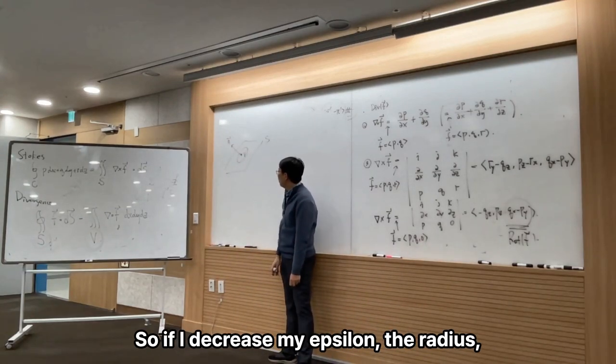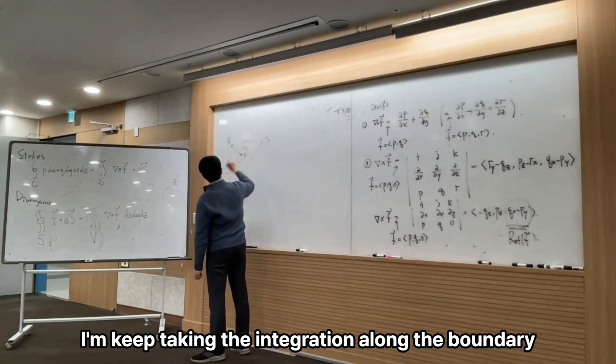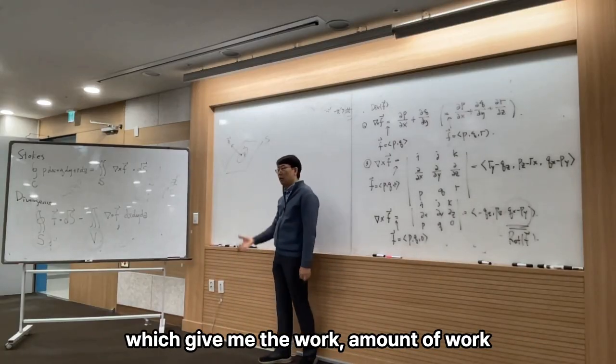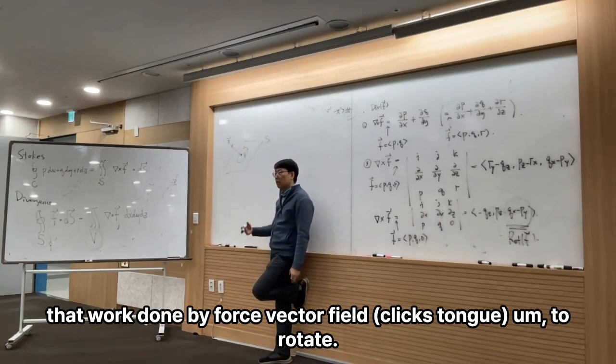If I decrease my epsilon, the radius, smaller and smaller, on the left-hand side I keep taking the integration along the boundary, which gives me the amount of work to rotate a point around that center, right? That's the work done by the force vector field to rotate.